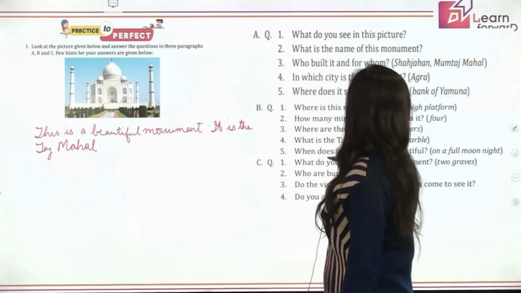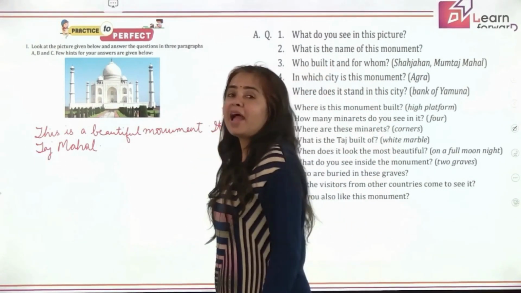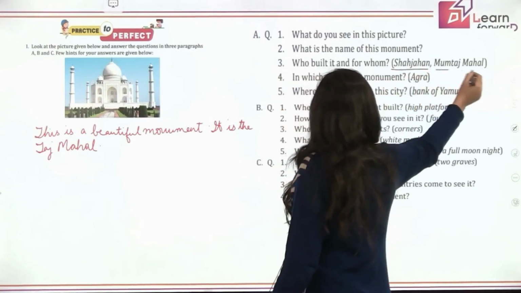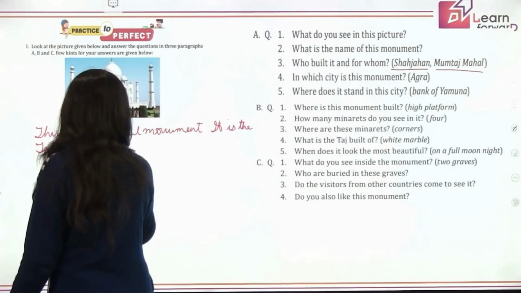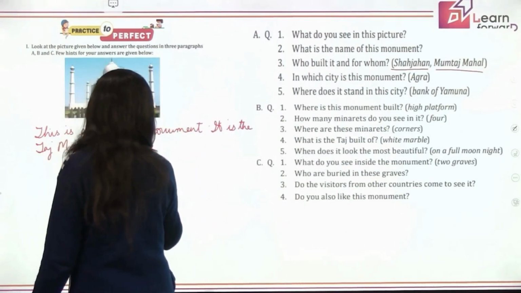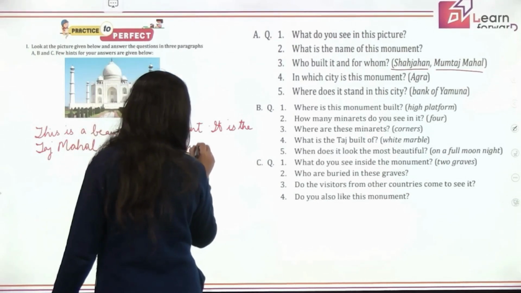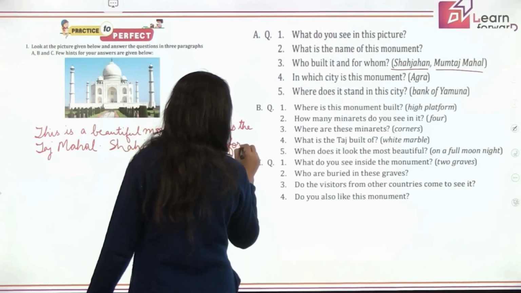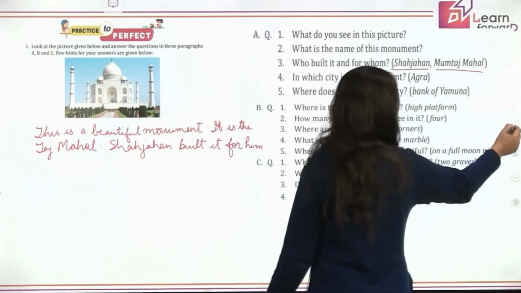Who built it and for whom? Do you know? Yes, Shah Jahan built, and for your reference, it's given here also. Shah Jahan built it for his wife Mumtaz Mahal. So this is how we give the introduction in the first paragraph.